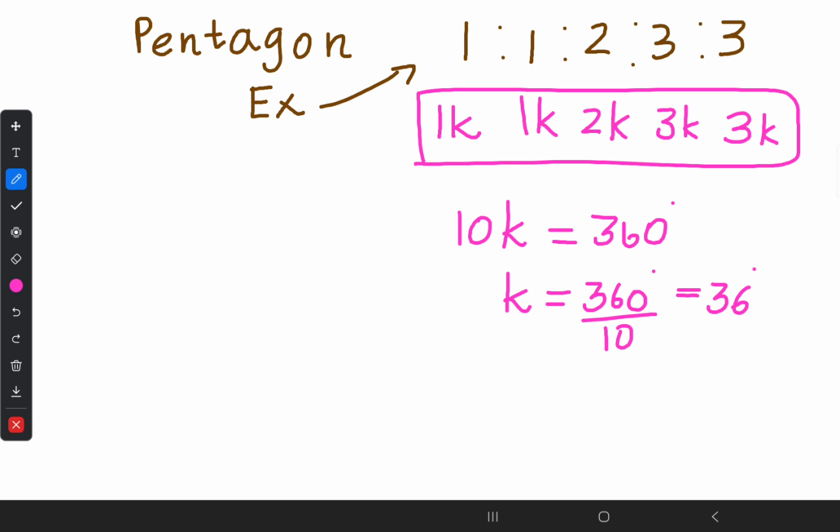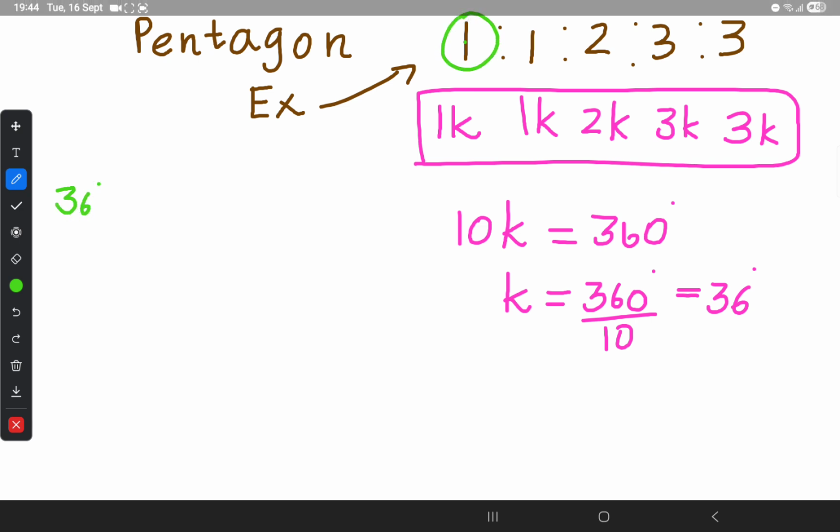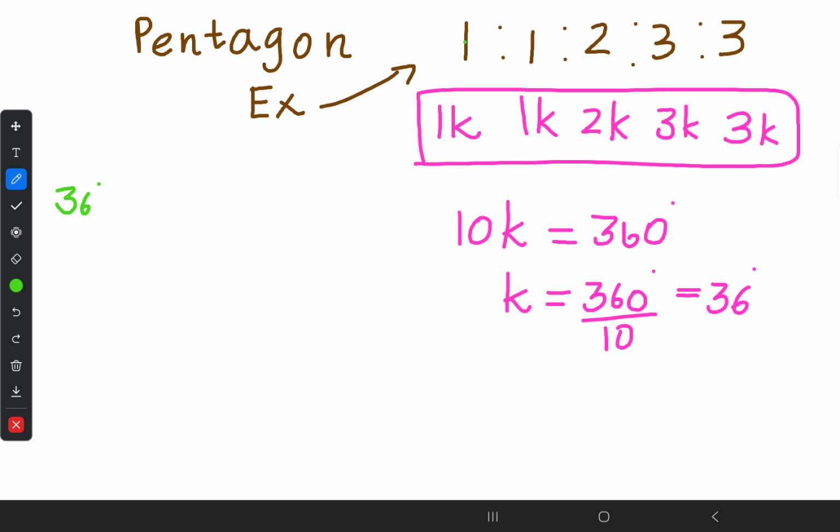We introduced k ourselves; there is no k in the given question. So to nullify that, 1k denotes 36 degrees. So 1 times 36 would be 36. The first ratio value, this portion of 1, exactly denotes 36 degrees.